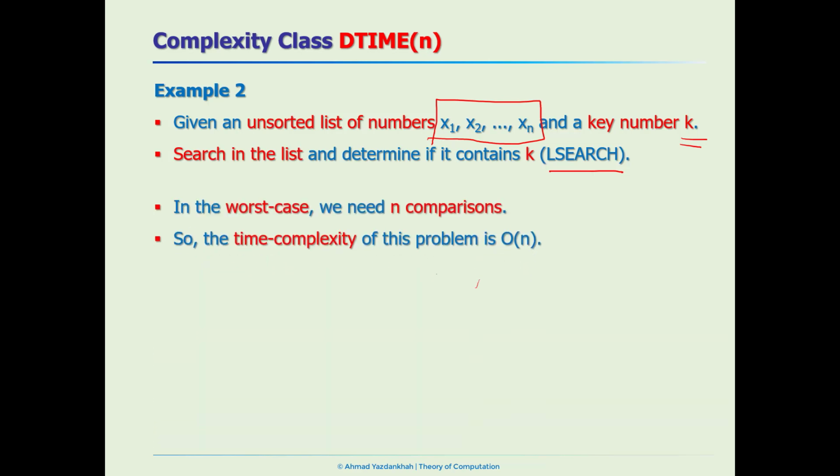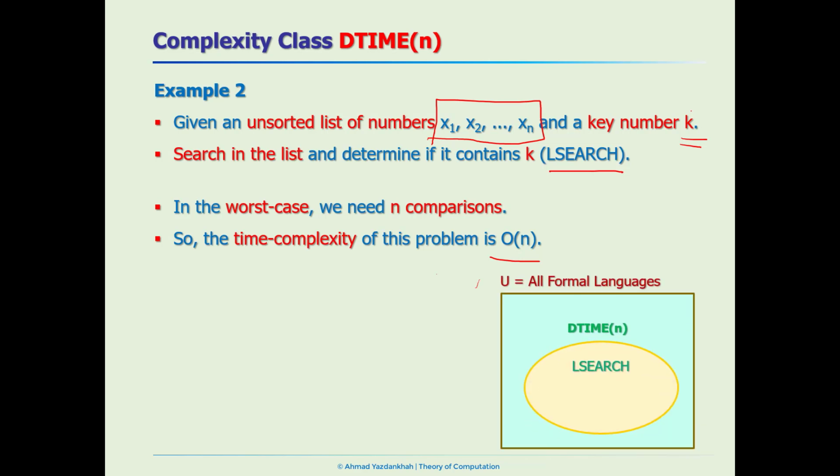Definitely you would say, yeah, we would need n comparisons, right? So we should compare this k with x1, x2, and the worst case would be big O of n. So we would need n comparisons, so that would be big O of n. This is the first problem that we put here because its complexity is big O of n, okay?